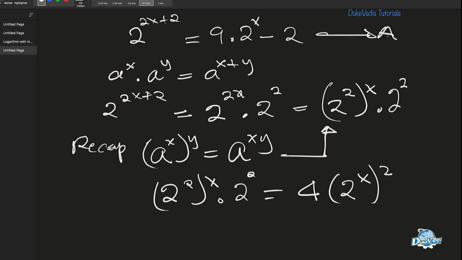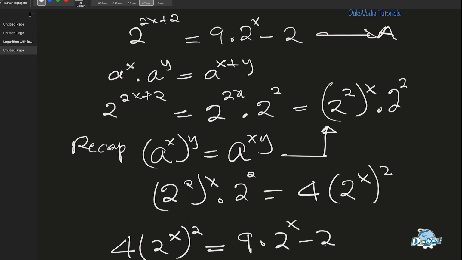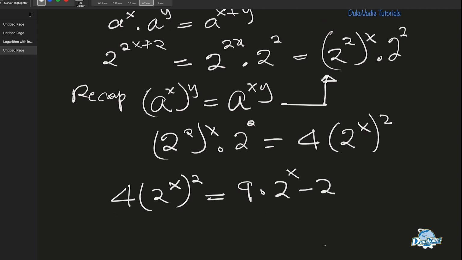Then we can say that 4 times 2 raised to the power x squared is equal to 9 times 2 raised to the power x minus 2. Isn't it? Okay. Now, there is a commonality. We have this and that, which are the same.